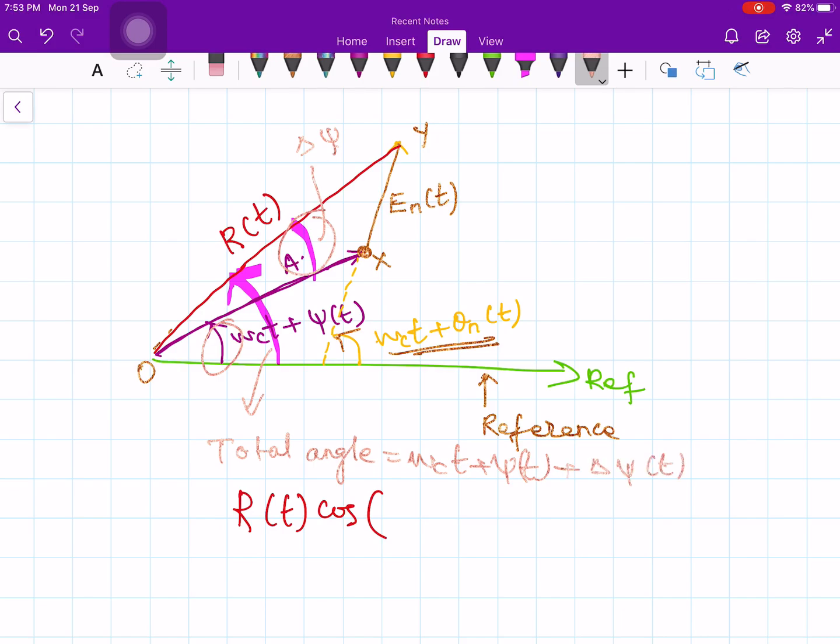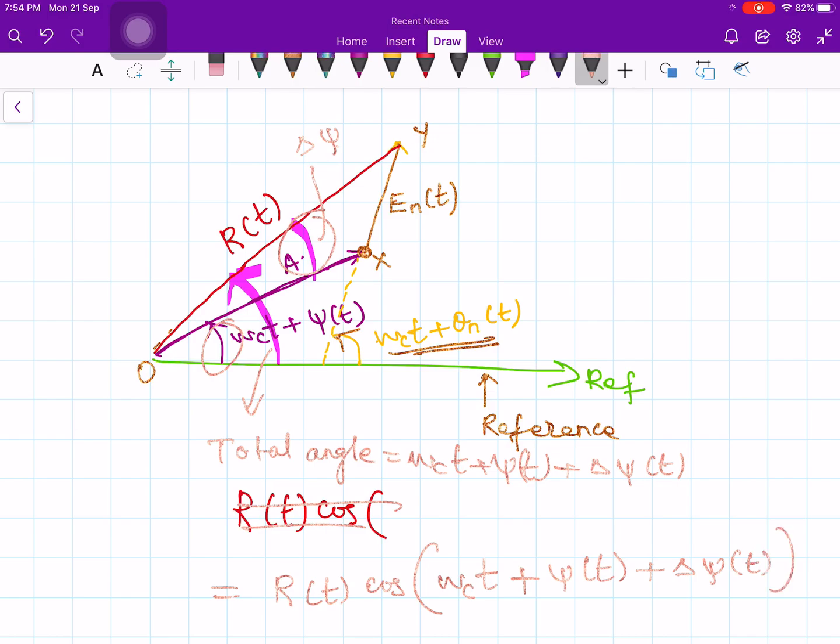Therefore, the resultant signal is written as its resultant amplitude r of t times cos of, everybody is rotating at the rate of omega c t plus the total angle. What is the total angle? Psi of t plus delta psi of t.